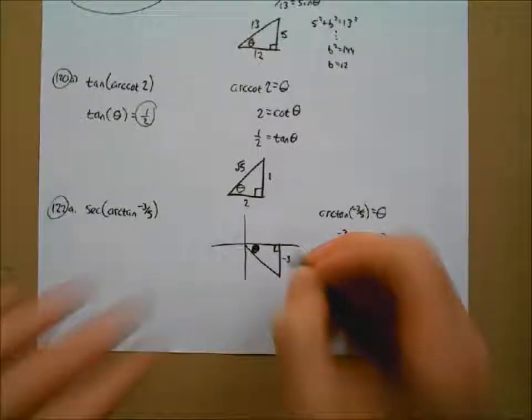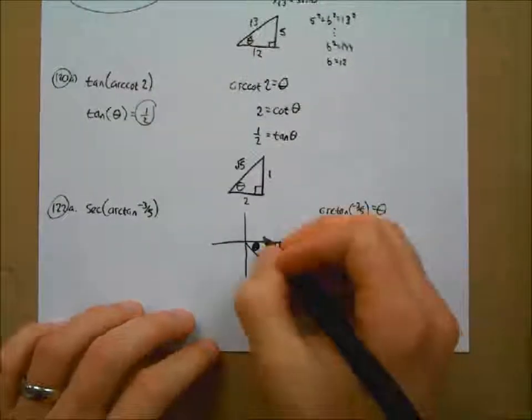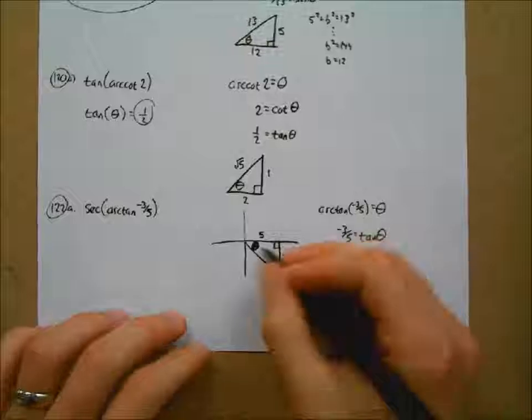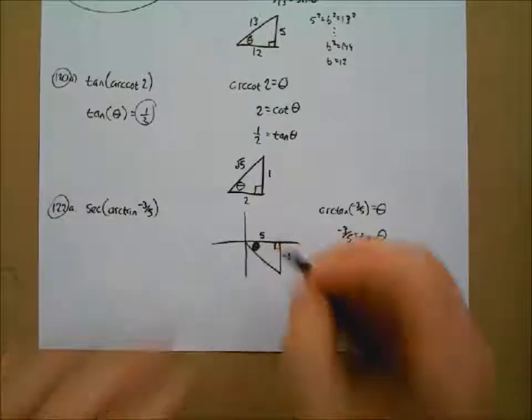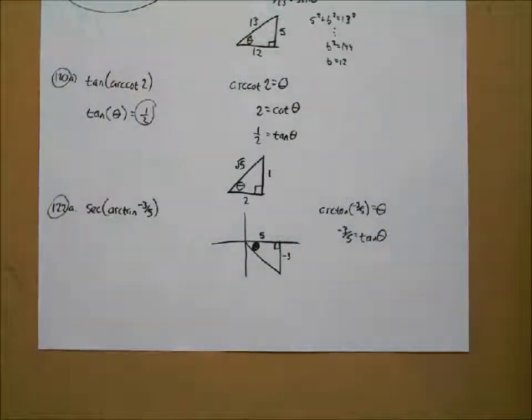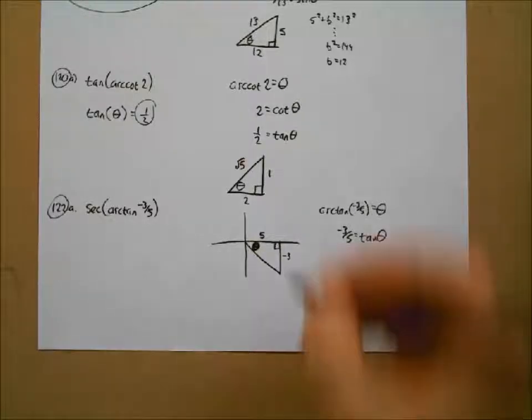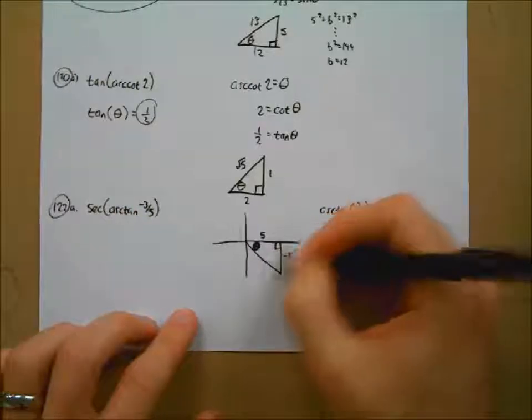And then the 5 will be adjacent. Opposite -3, and then a +5 here. I know we're talking about the length being a negative number, but that's how we set it up. It's got to be negative because we have to be in the 4th quadrant. Arctangent goes down this way, in the 4th quadrant there.